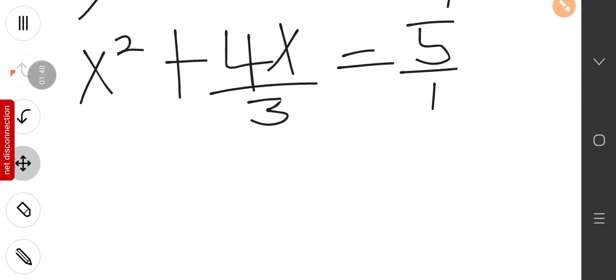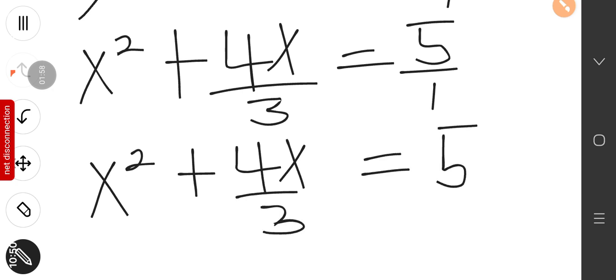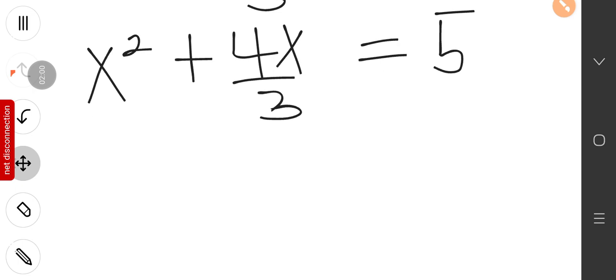Now anything over 1 is itself. So 5 over 1 is 5. So you're going to have x squared plus 4x over 3 equals 5. So this is what we have.